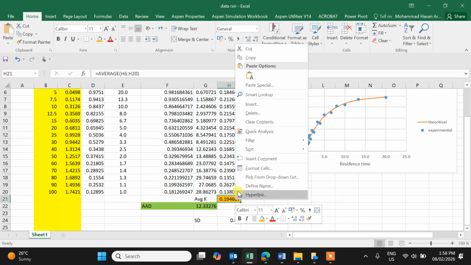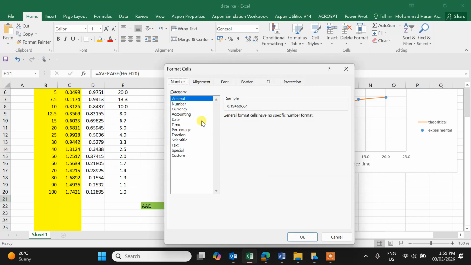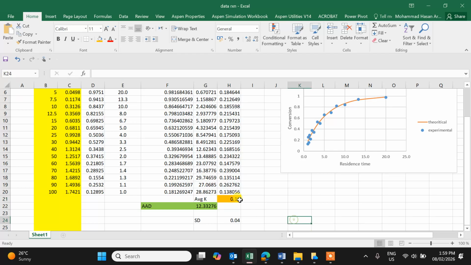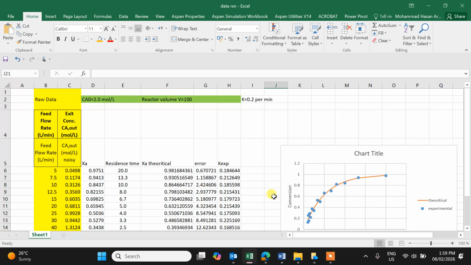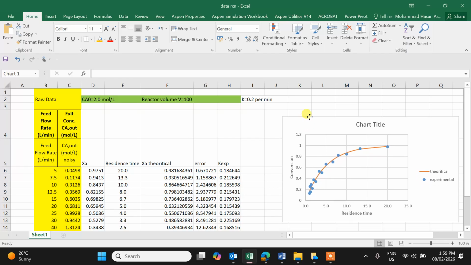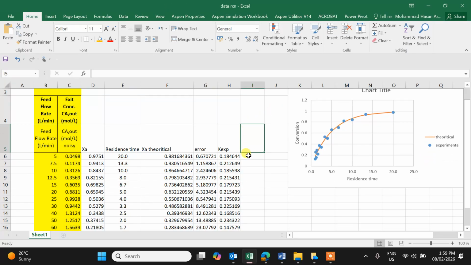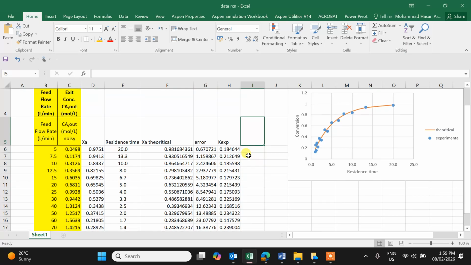Okay, so your experimental value is 0.19, then you can say 0.19 plus minus 0.04. So deviation is not much. So the k value is almost constant with respect to the residence time, or the feed flow rate is not affecting it. So it is proving what we learned in the reaction engineering course.